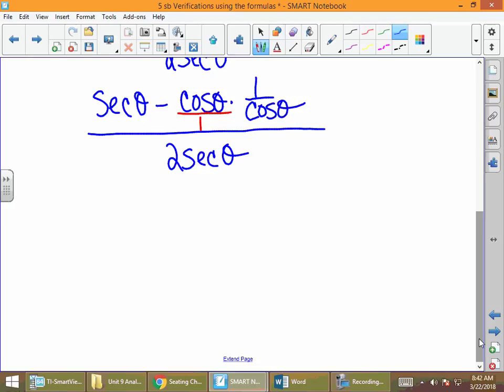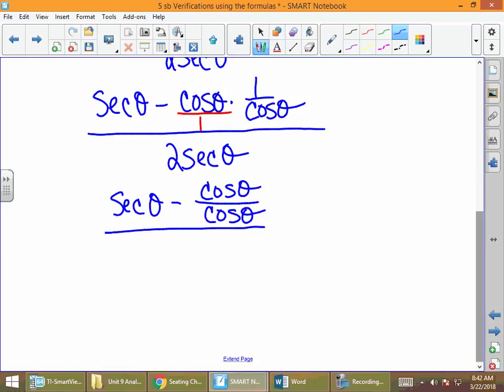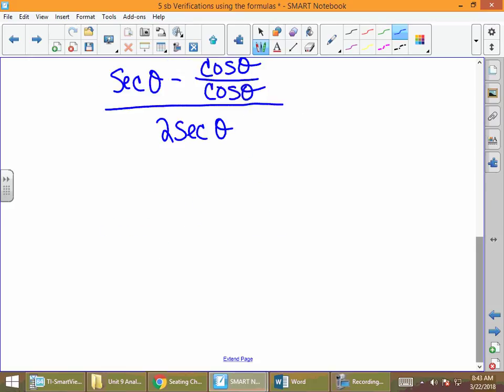So now we have secant theta minus cosine of theta divided by cosine of theta, all divided by 2 secant of theta. So what does cosine of theta divided by cosine of theta equal? 1. And we end up now with secant of theta minus 1 divided by 2 secant of theta.